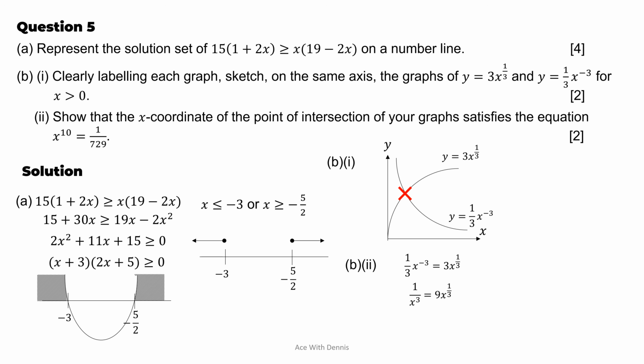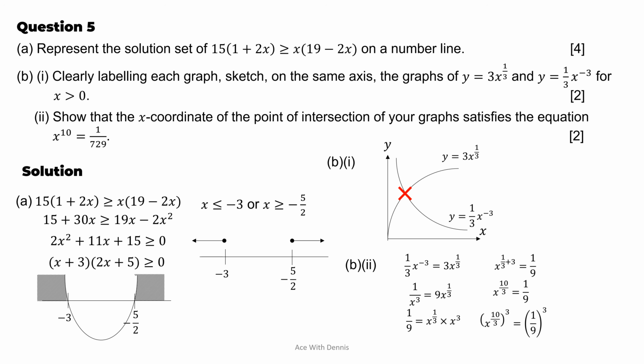So it is 1 over 3 x cubed equals 9x to the power 1/3. We cross multiply, we get 1 over 9 equals x to the power 1 over 3 times x cubed. Since it is multiplied and we have the same base, x, we can add the powers together, which is x to the power 1/3 plus 3 equals 1 over 9. We get x to the power 10 over 3 equals 1 over 9.